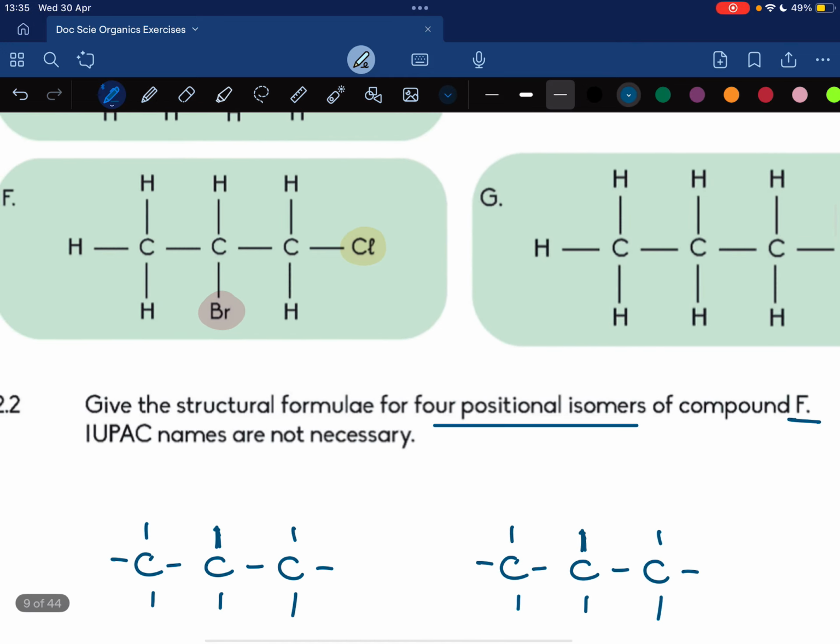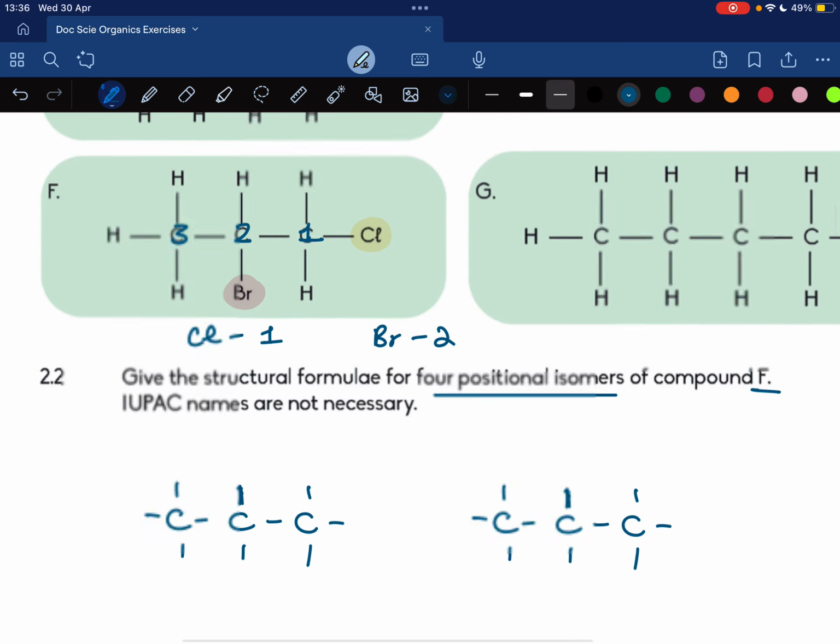So what I recommend then that you do is that you take note. So it says IUPAC names are not necessary. So I have number 1, number 2, and number 3. So I can see with this one, the chlorine is on number 1, and the bromine is on number 2.